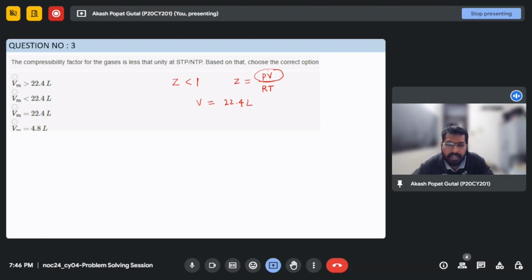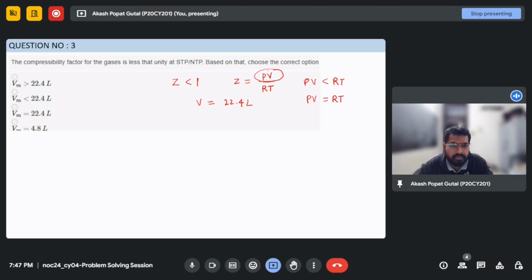This is for the ideal gas, it will occupy 22.4 liter at standard temperature and pressure. But we have compressibility factor Z less than 1. So once it is less than 1, the PV must be less than RT to get Z less than 1. PV is supposed to be RT in case of our ideal gas, but it is less than RT.